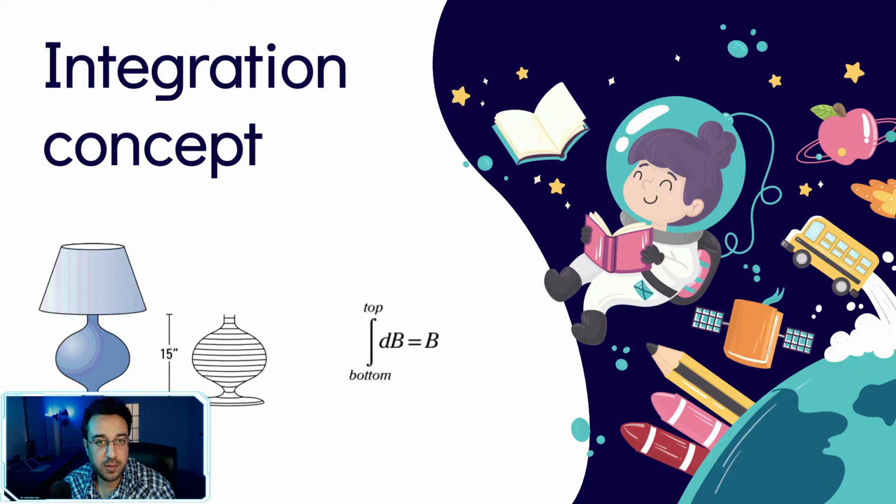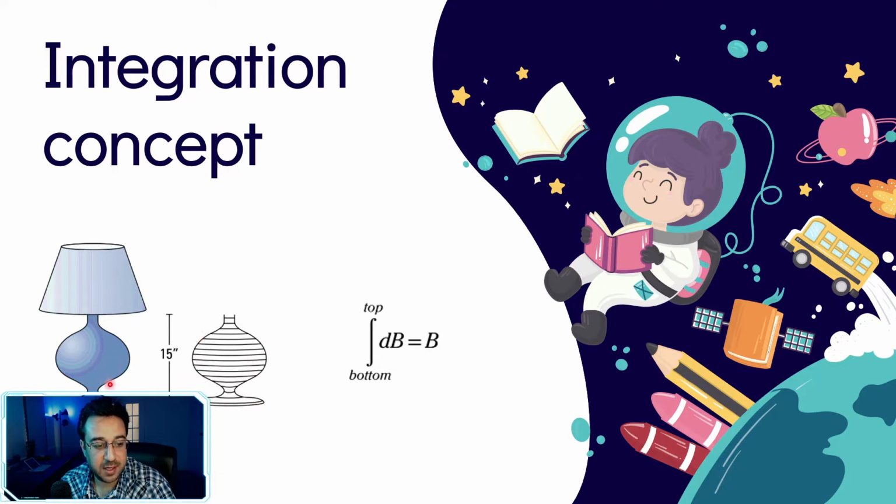What are you going to do? You're going to use integration in order to do that. Integration basically slices the object into an infinite number of cross-sectional bits, if you would say. So as we say here, we have the base of the lamp being sectioned.